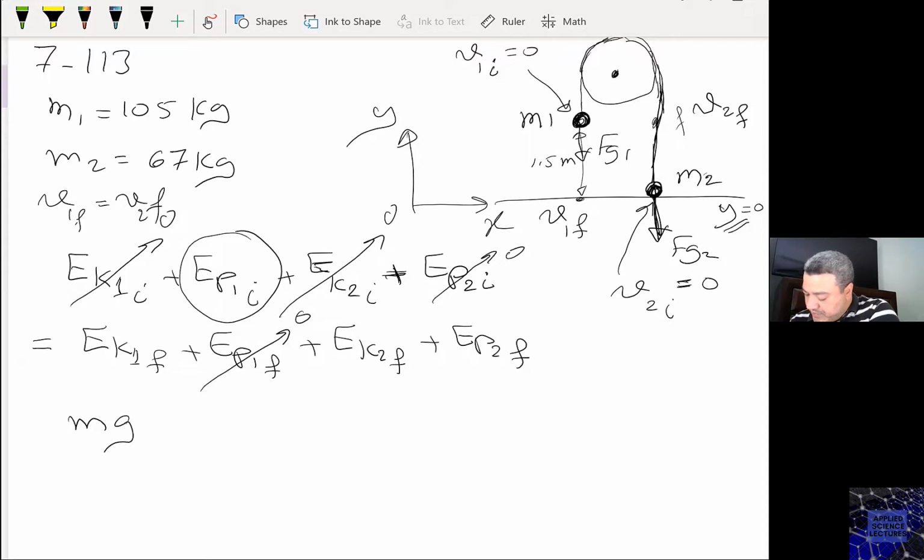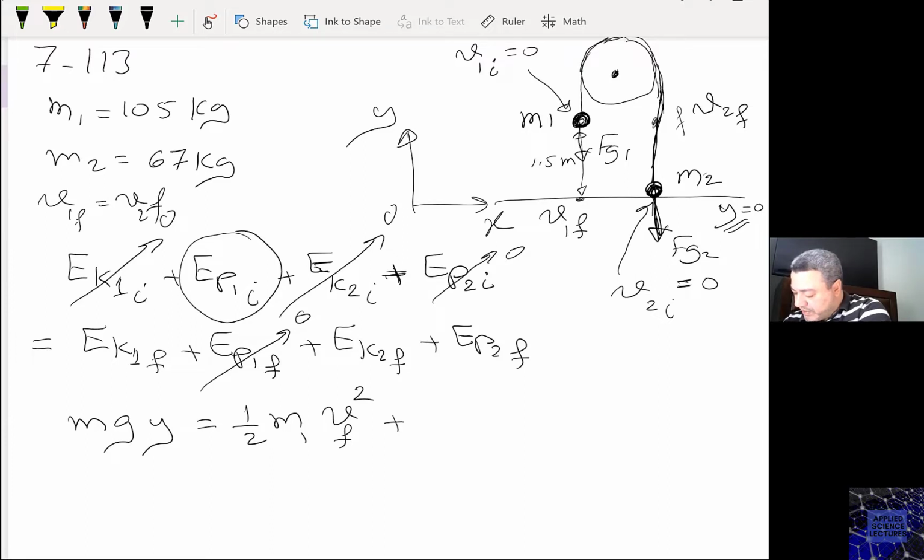So now if I substitute, I have m1 g y initial, which is 1.5 meter, the rest are 0, equals to EK1 final right at this point, which is half m1 vf squared. I'm done with this. Now let's move to the EK2 final.